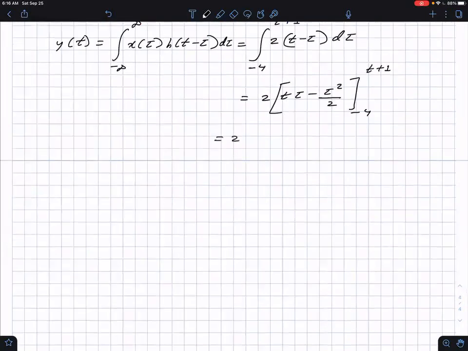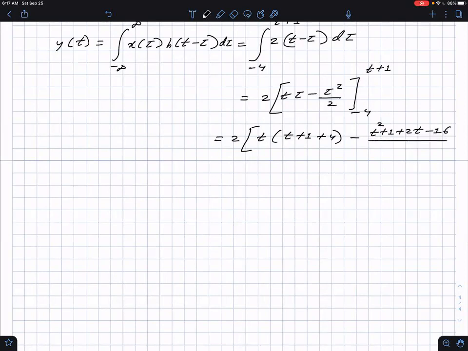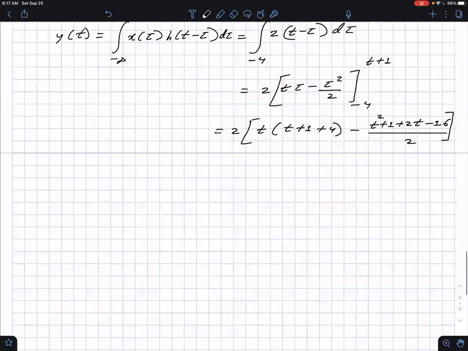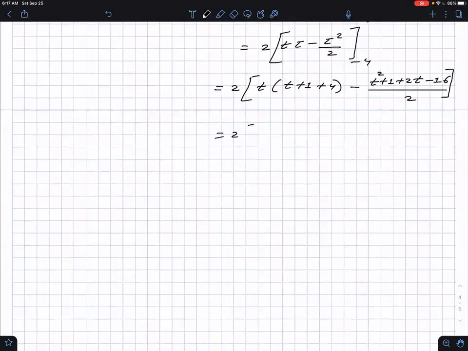Okay, so we have 2 times t plus 1 plus 4 minus t plus 1 squared. So we have t squared plus 1 plus 2t minus 16, divided by 2. So if we combine all the t squared terms, we get t squared by 2.